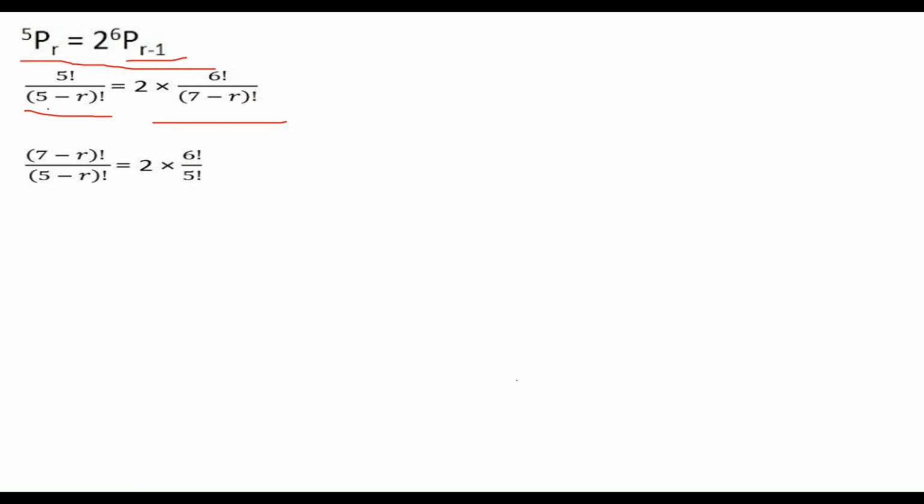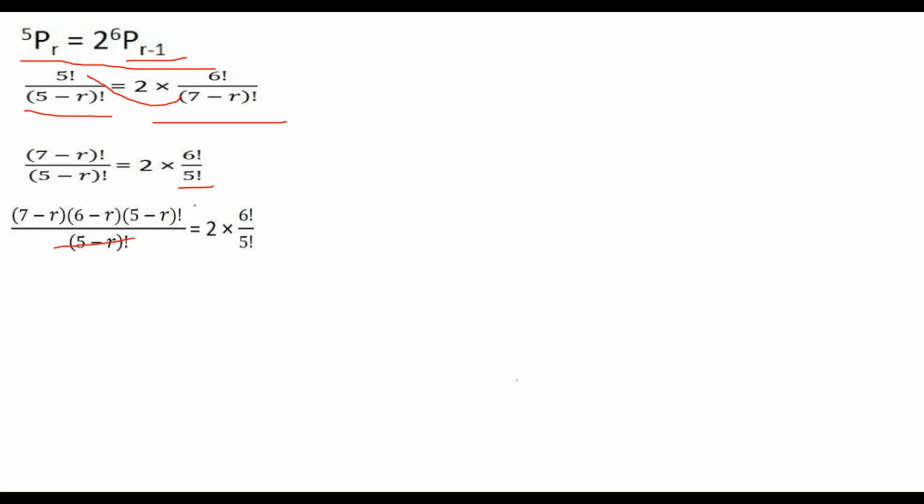Now we will send this (7 minus r) factorial to the left hand side, and the 5 factorial we will take to this side. Okay, we got it here. Now we will split this (7 minus r) factorial as (7 minus r) into (6 minus r) into (5 minus r) factorial, so that we can cancel in the denominator.